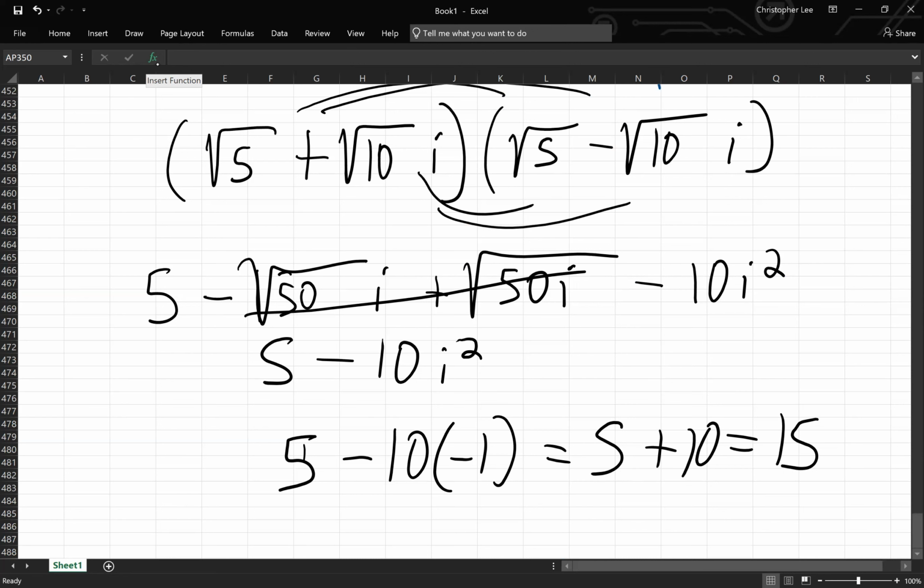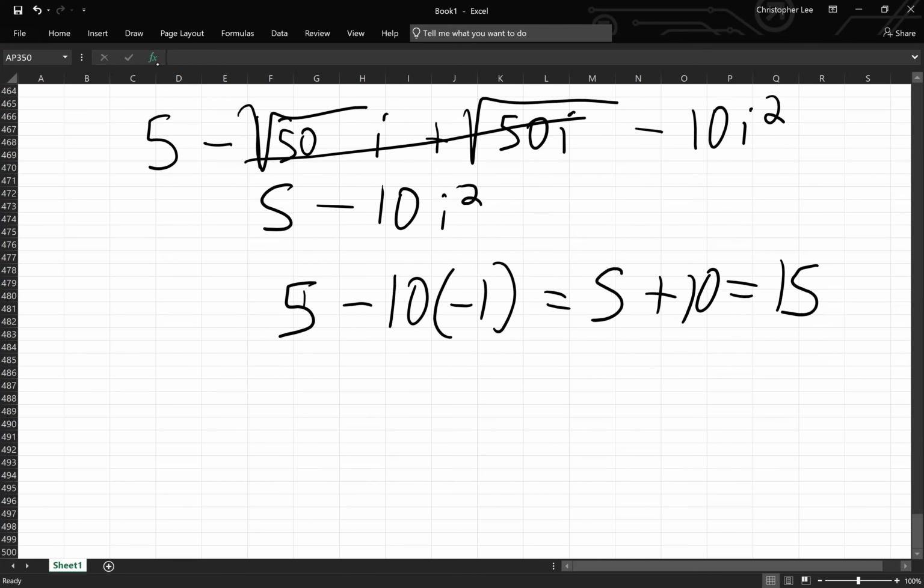You foiling it just? FOIL it, then combine like terms. So you see how I have 15 as a whole number? Remember that a complex number is of the form a plus bi, right? So if this is 15 and there's no i in the formula, then this must be 0i, like that.